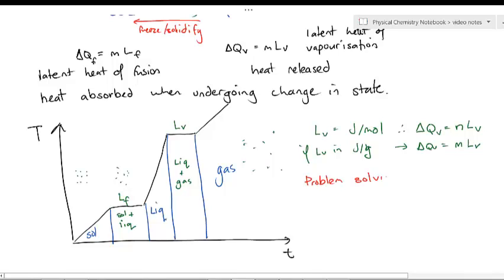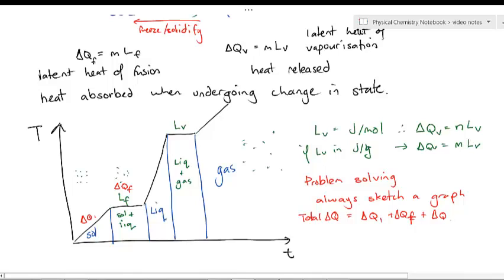A good problem-solving strategy with these latent heat questions is to always sketch a graph. If you consider the time axis as a representation of the energy change, then each of those sections of the graph is a change in energy. And so your total energy is the sum of the energy of the solid heating from a low temperature to a medium-sized temperature, say T1, and the change in state from a solid to a liquid, so delta QF.